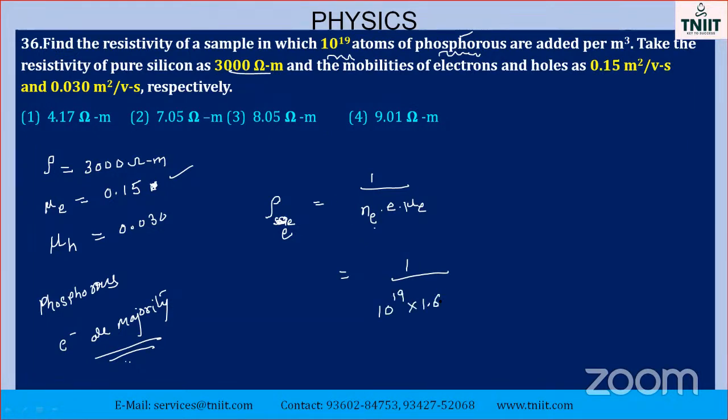Charge of the electron is 1.6 into 10 power minus 19. You have to use the mobility of electron because phosphorus is pentavalent, so electrons are the majority. So electron concentration you have to consider, 0.15. You simplify this, these two cancel out. It is approximately 4.17 ohm meter. Option A.